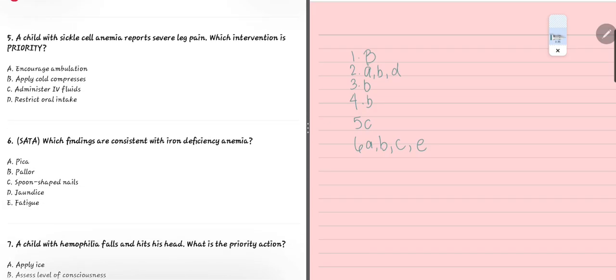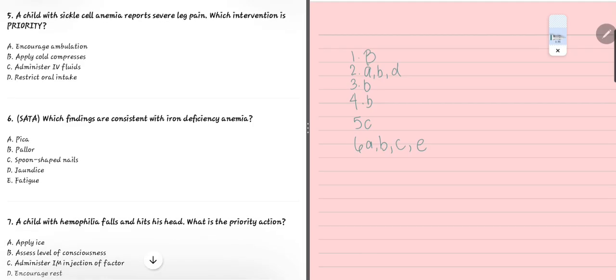Okay, 7. A child with hemophilia falls and hits his head. What is the priority action? A. Apply ice. B. Assess level of consciousness. C. Administer IM injection of factor. D. Encourage rest.